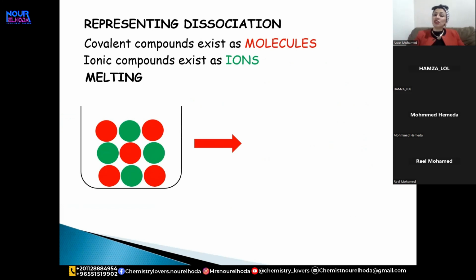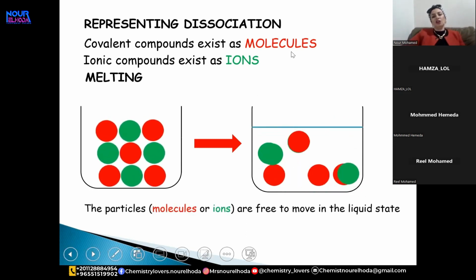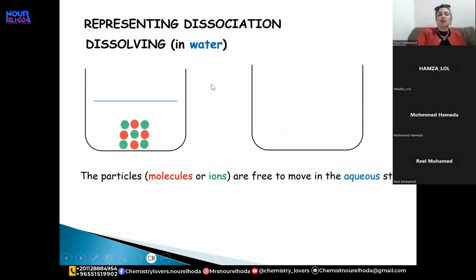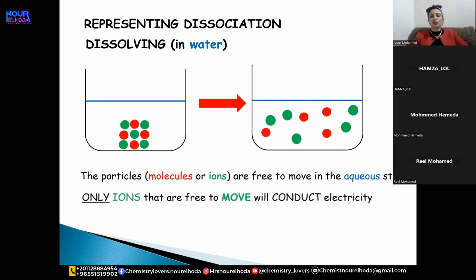But when you break this lattice, once you melt it, all the ions are free to move now, so it will conduct electricity. The other option is when it is aqueous, which means when you add water. The water is going to break the ions, so they move freely. That's why it will conduct electricity.